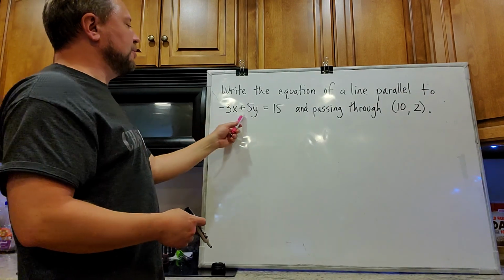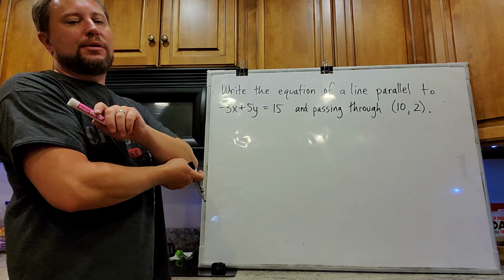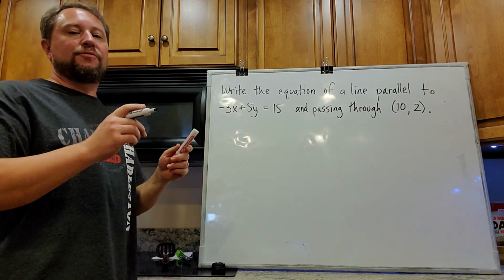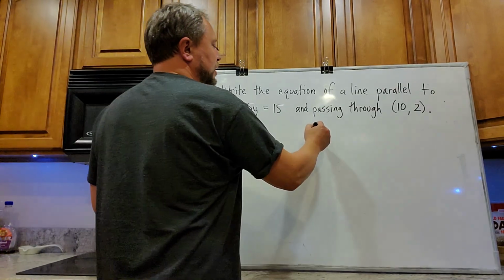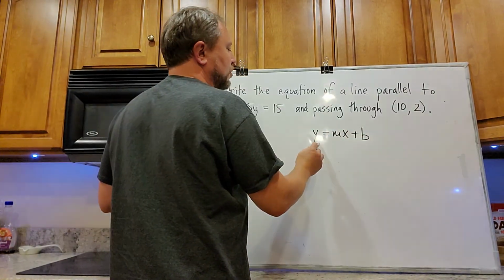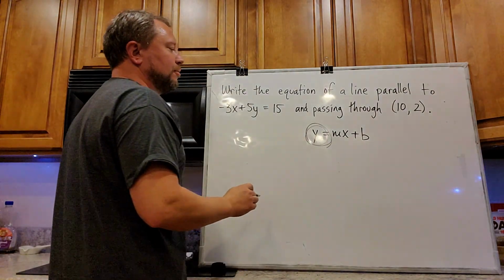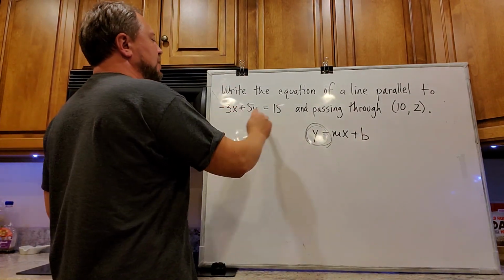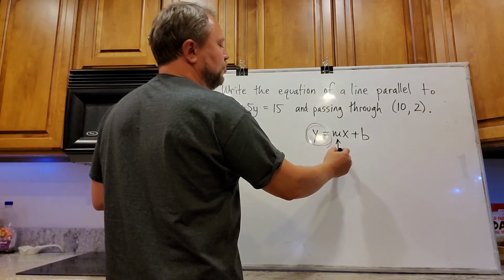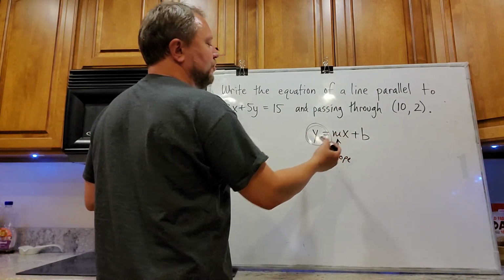Now, the way it's written right now, it's not easy to determine its slope, but if it was in slope-intercept form, which remember again was this, y equals mx plus b, where the y is by itself, then I could quickly identify the slope. It'll be the value in front of the x.